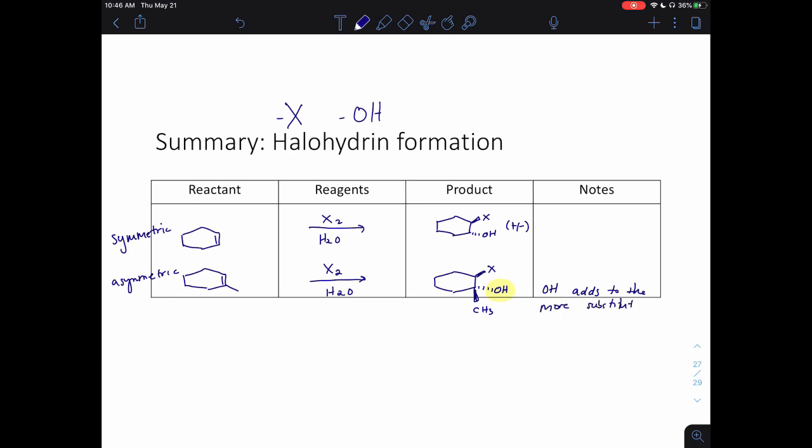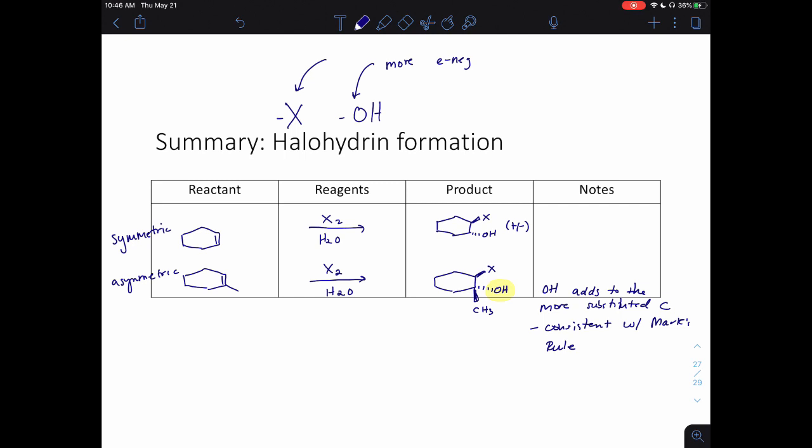But it is. And one of the ways that I phrased Markovnikov's rule to you is that the more electronegative atom of the two adding, so we have X versus oxygen, adds to the more substituted carbon. And that is what we have happening here.